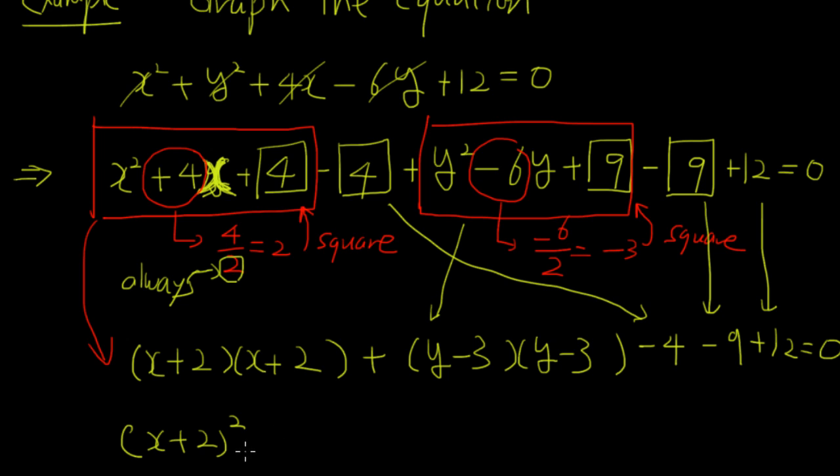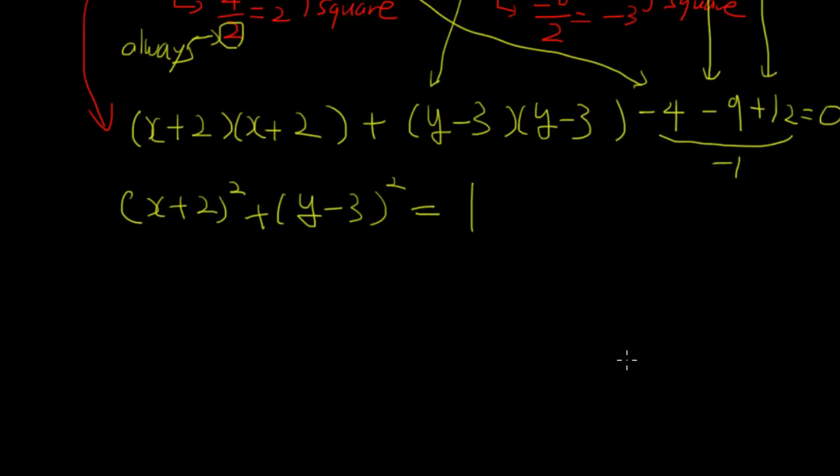And this I can rewrite as y minus 3 squared. Now what about here? -4, -9, that's -13. Plus 12, so that must be -1. If we move this -1 to the other side, it becomes 1.